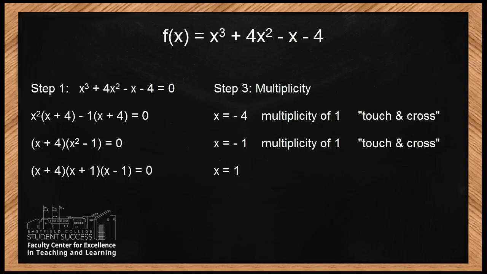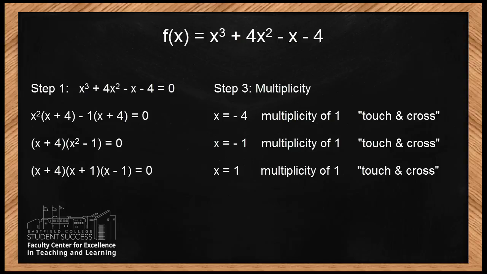Go back and look at the exponent on x minus 1. The exponent is 1. Hence, multiplicity of 1. The graph will touch and cross. So our function happens to touch and cross at every one of these particular roots or zeros.